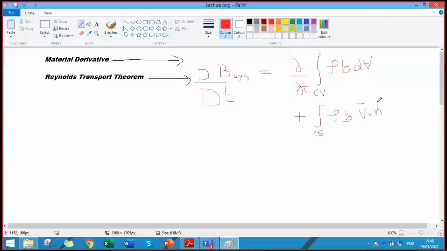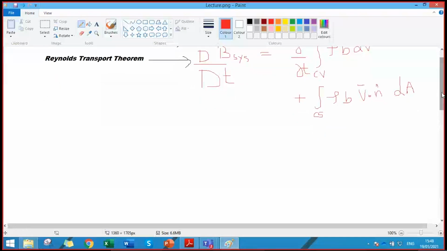Sorry for the bad n. N is the unit vector. It's the normal vector, normal area vector, unit vector of the normal vector that is perpendicular to the area. So is this statement clear?